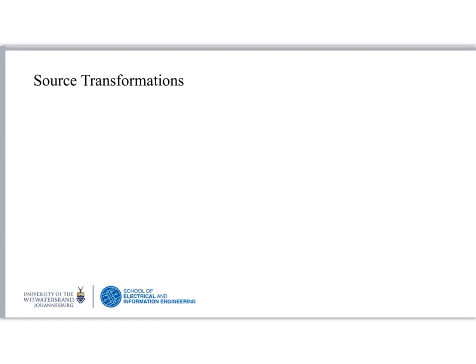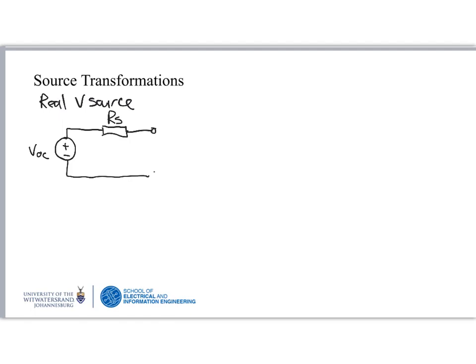You'll remember that in the previous section we looked at real voltage sources and real current sources, and we saw that a real voltage source can be modeled as an ideal voltage source with voltage V open circuit in series with a resistor which we called RS, which is the source resistance of a real voltage source.